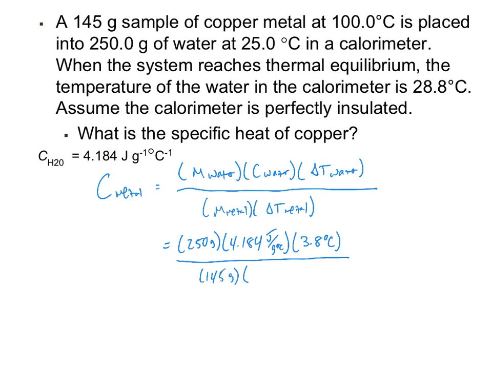Our metal went from a temperature of 100 degrees C to 28.8 degrees C for a temperature change of 71.2 degrees C. We plug those into our calculator and we get the specific heat of copper to be 0.385 joules per gram degree C.